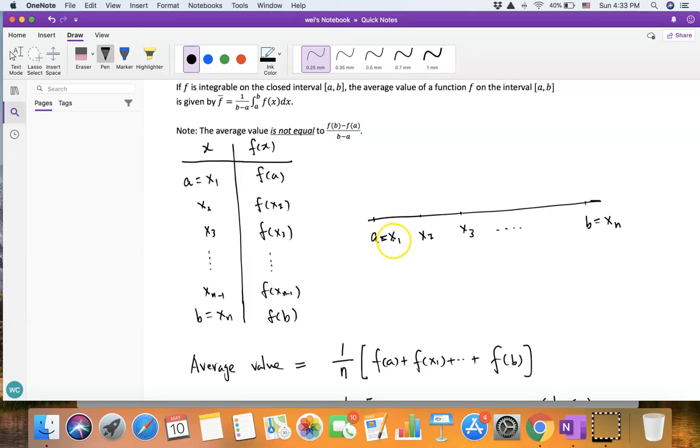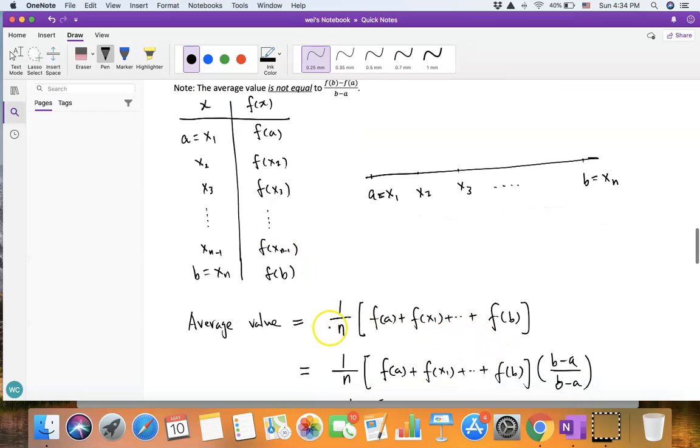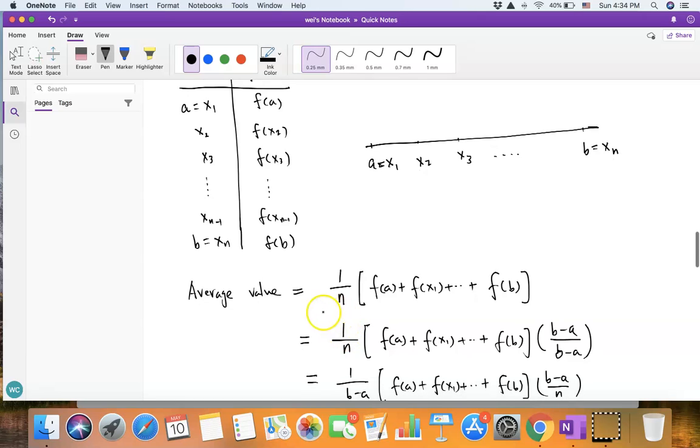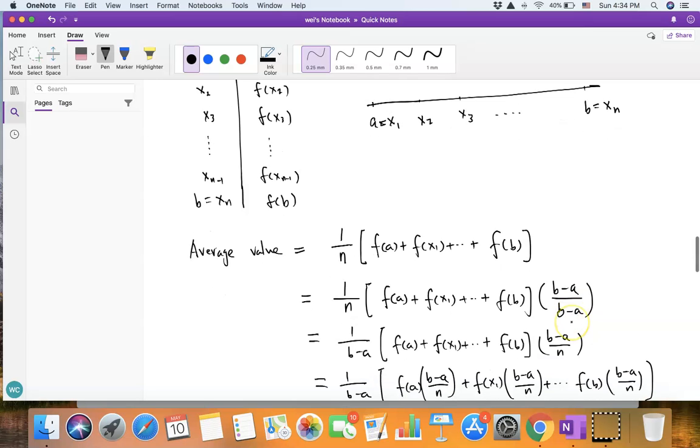At each point we can find a function value, and we add them together and we divide by n. This will give us the average value. Okay, and now I multiply this result by (b minus a) over (b minus a), because b minus a over b minus a equals 1. So actually, I didn't change the value by multiplying this term.